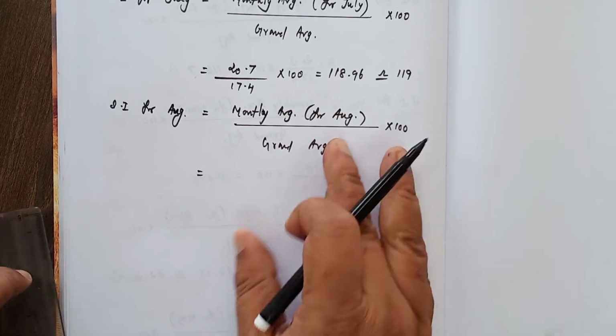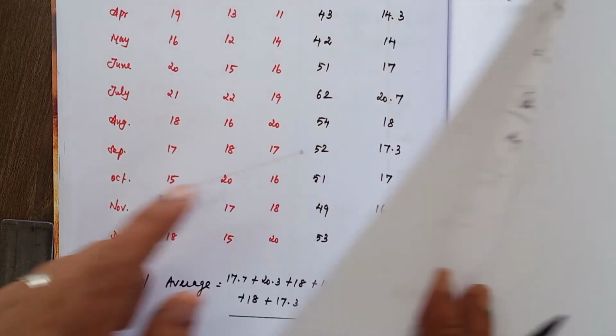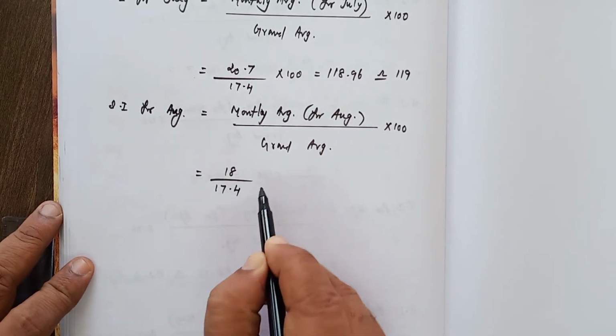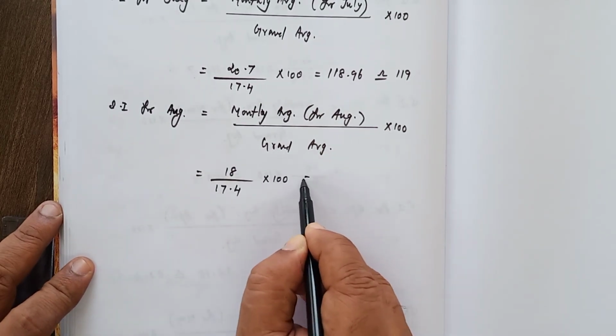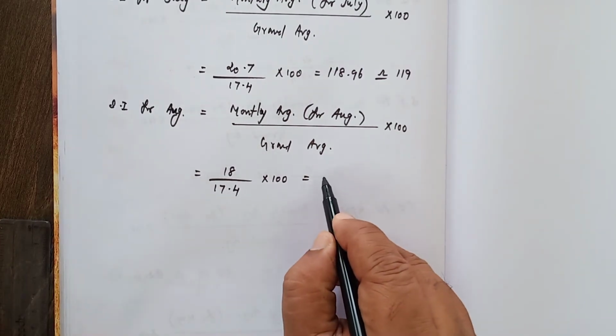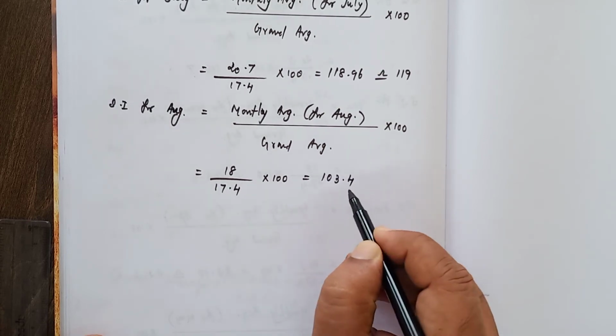August monthly average is 18. 18 divided by 17.4 into 100 is equal to 103.44. You write 103.4 only.